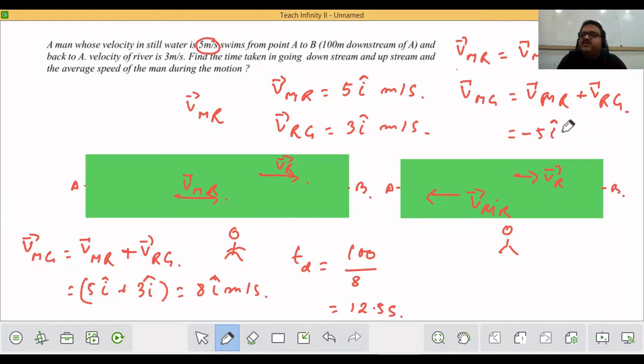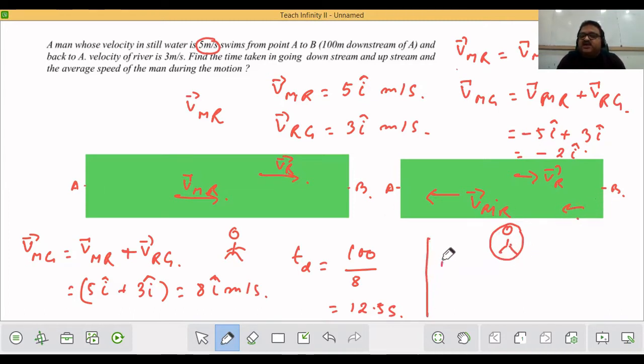And what is the velocity of the river? It is 3 i cap. Okay, what is the value? That means minus 2 i cap. Is it clear? That means the person standing outside will observe this man moving along this direction. Is it clear?